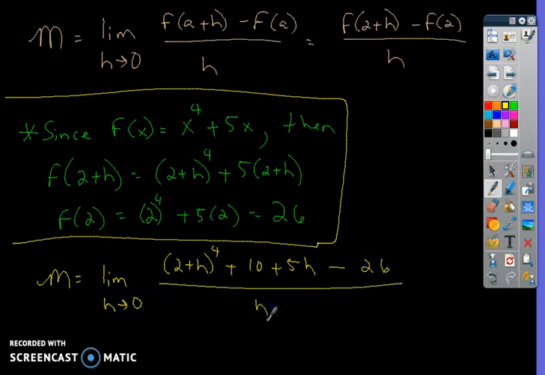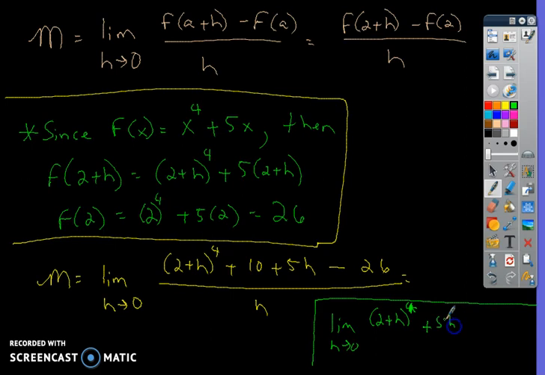I can clean it up a little bit. 10 and 26 adds up, so I'm going to rewrite that as the limit as h approaches 0 of 2 plus h to the fourth plus 5h subtract 16, divided by the letter h.